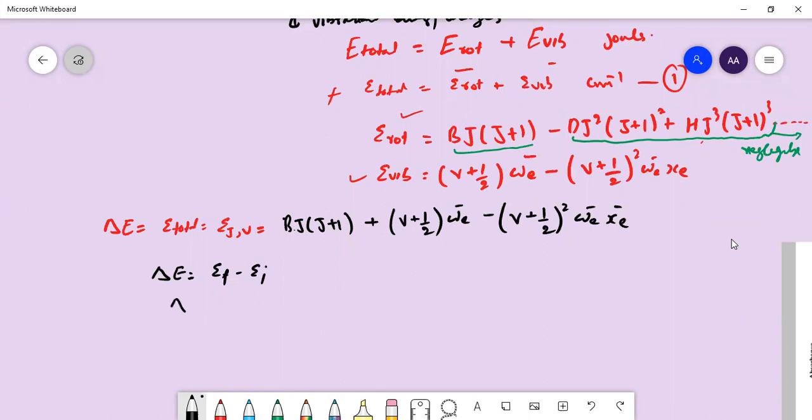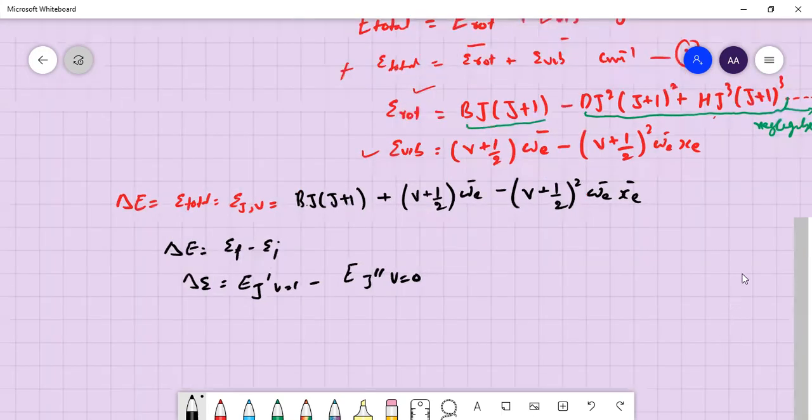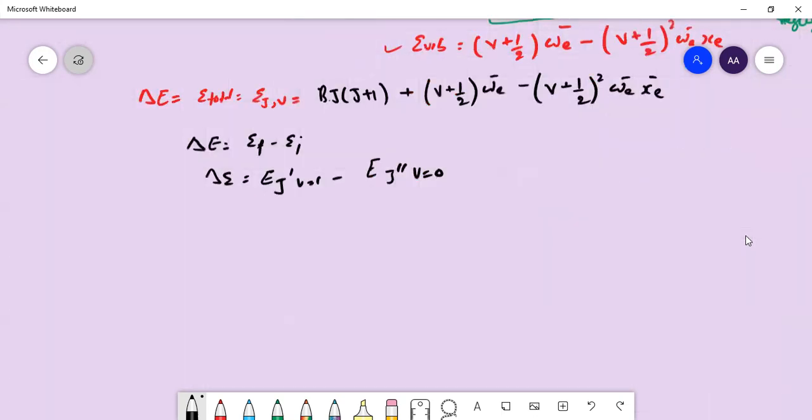To do that, I will take the higher energy level, so delta E is equal to E at J', V = 1, minus E at J'', V = 0. So I will take the difference between the two energy levels, and also apply the selection rule here.